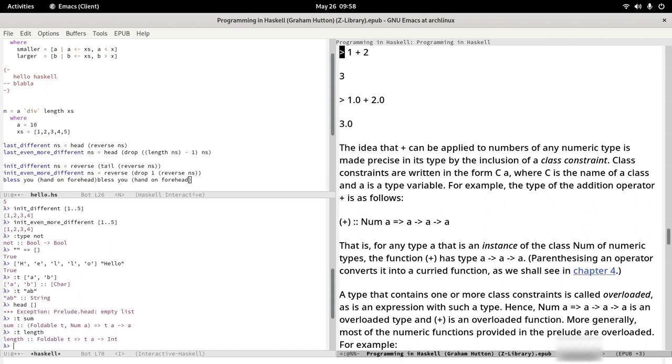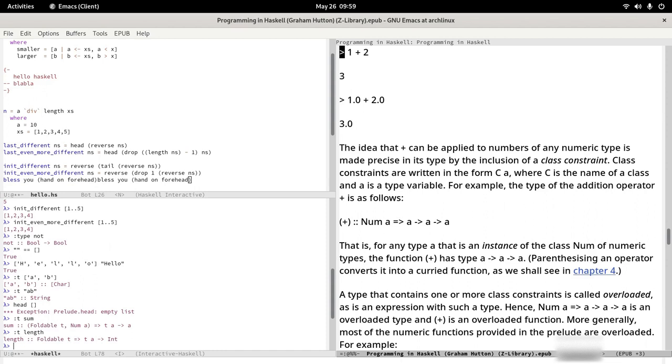Parenthesizing an operator converts it into a curried function, as we shall see in Chapter 4. A type that contains one or more constraints is called overloaded, as is an expression with such a type. Hence, Num a => a -> a -> a is an overloaded type, and plus is an overloaded function.